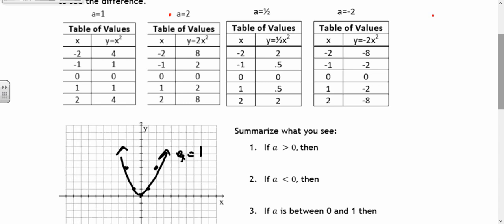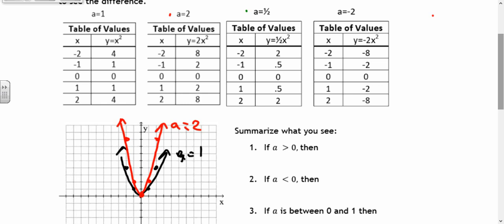So -2, and then 4, 5, 6, 7, 8. This guy comes up. He goes to 2. He stays the same. He comes up and he comes up. This is a is equal to 2. a is equal to 1/2 will be green for me.